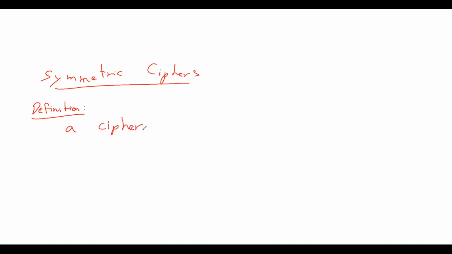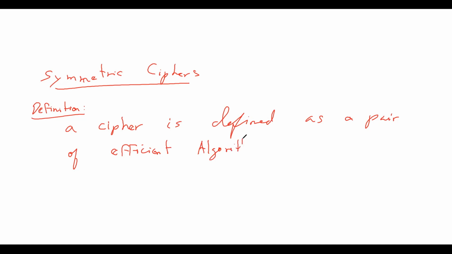A cipher is defined as a pair of efficient algorithms, E for encryption and D for decryption. There are usually two of them, but they work together in some way.